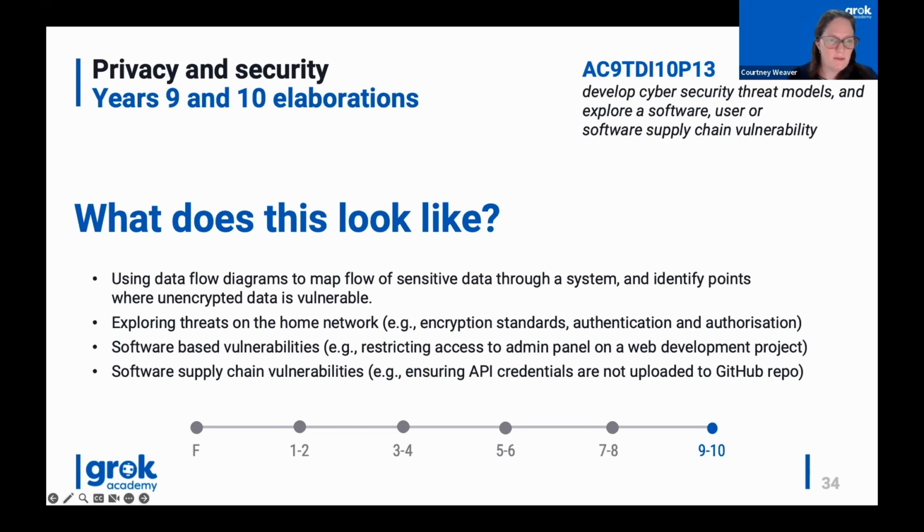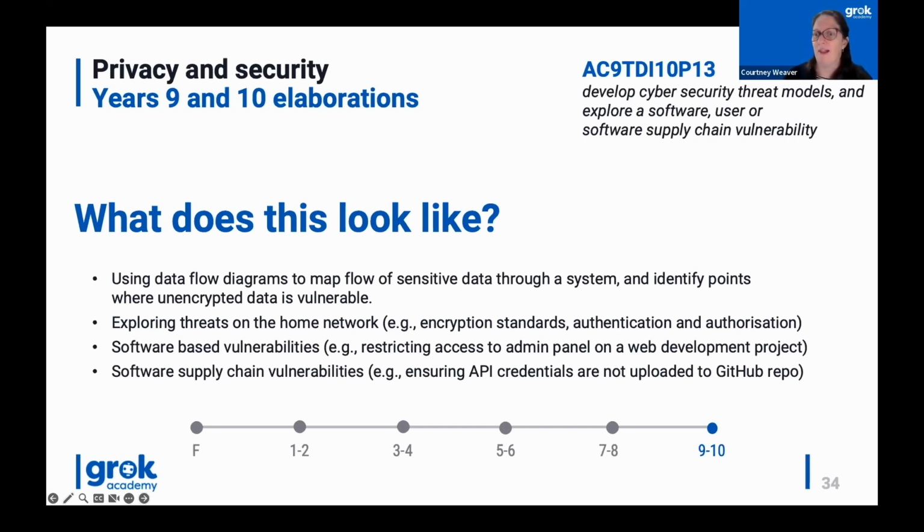The software-based vulnerabilities, so looking at if they're using something like WordPress and making sure that they're careful who they give admin access to. And the last one, I think, is the scary sounding one in the content description, and that is the software supply chain vulnerability. So really what that's talking about is the fact that you might connect multiple different systems to each other, third-party systems, and each of those are going to have credentials that are needed to authorize them.